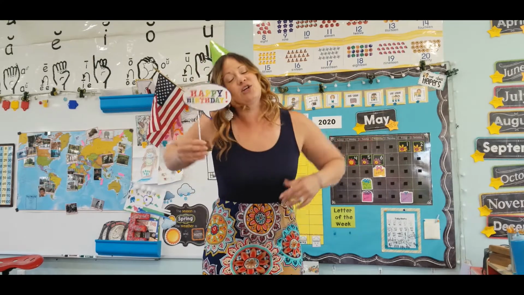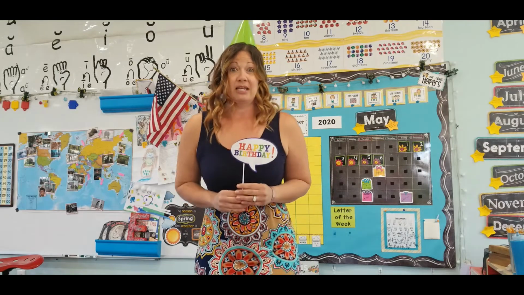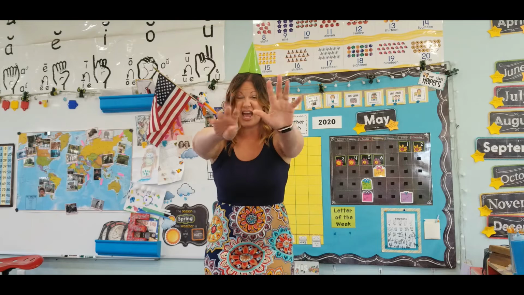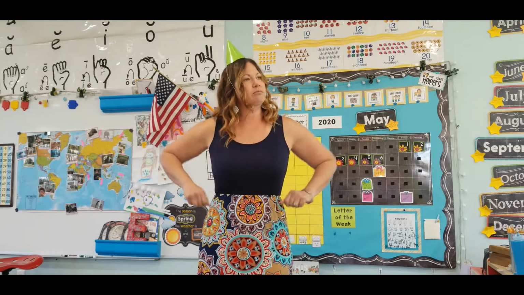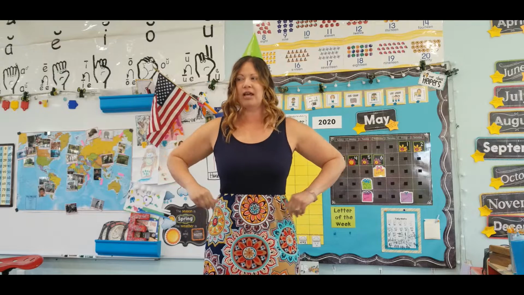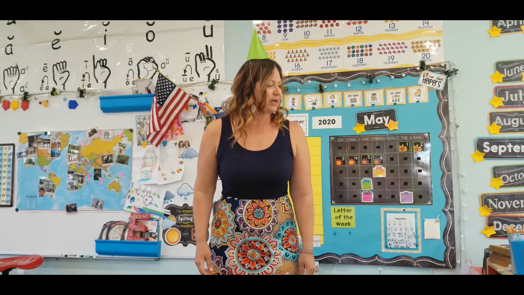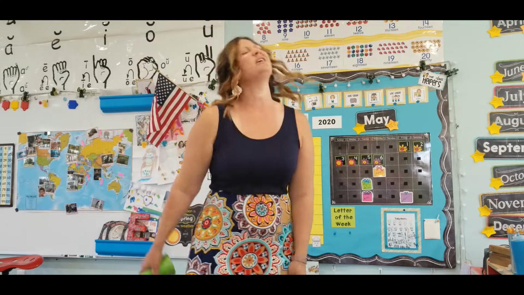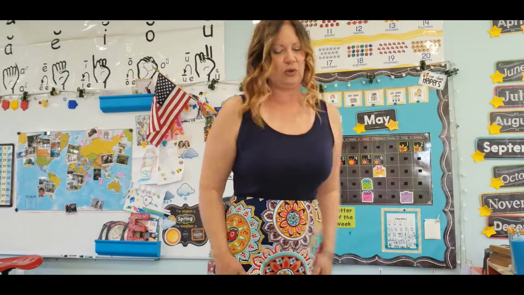Happy birthday, dear Raider. Happy birthday to you. Oh my goodness. I haven't sang happy birthday in a while. I know I'm missing one though. Sorry, Raider, I totally screwed your birthday song up. I'm sorry. I missed your day too.